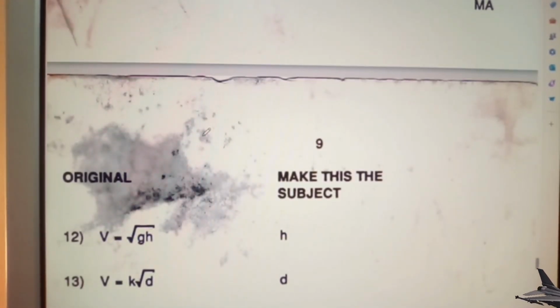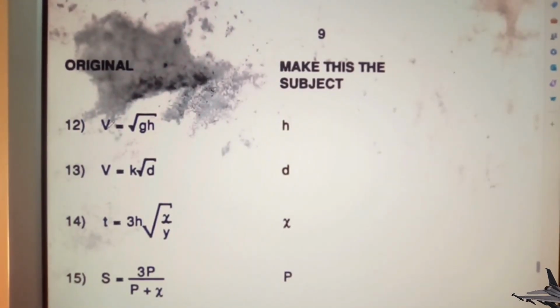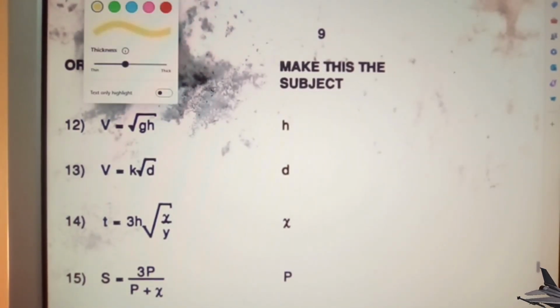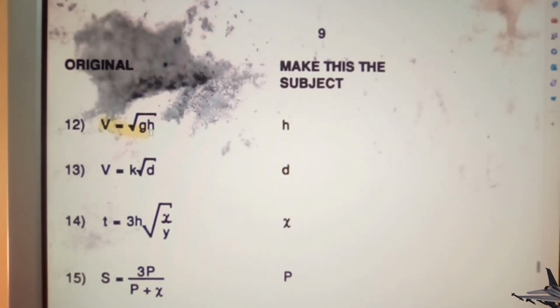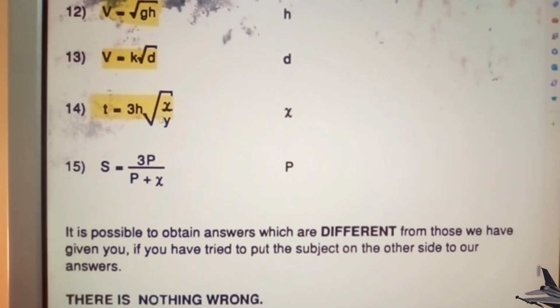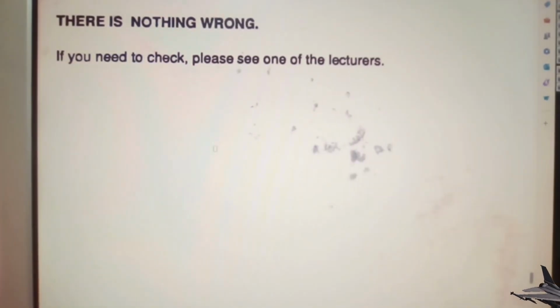Let me just try something here. If I can highlight anything here, if it would make any difference. No. So I'm just trying to see if it will give me any additional uplift on it. It has not made that much difference.